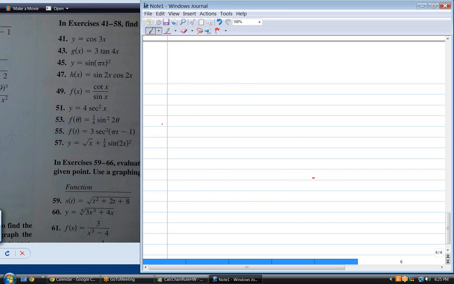So what's the derivative of the outside? Cosine pi x squared. Keep going. Times the derivative of the inside? Pi. 2 pi x. 2 pi x.